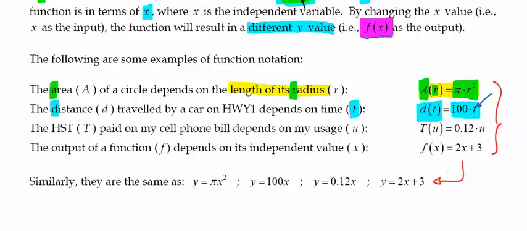So it could be y equals 2x plus 3, or in this case it could be y equals 0.12 times x. Or it could be y equals pi times x squared.